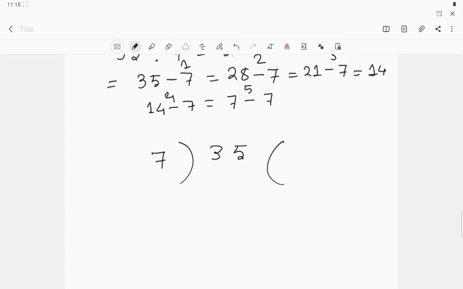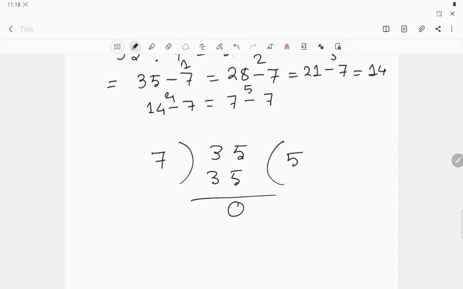I think you know. 7 ones are 7, 7 twos are 14, 7 threes are 21, 7 fours are 28, 7 fives are 35, 7 sixes are 42. Yes, 42 is beyond 35, and you get 7 fives are 35. So now write down 35.